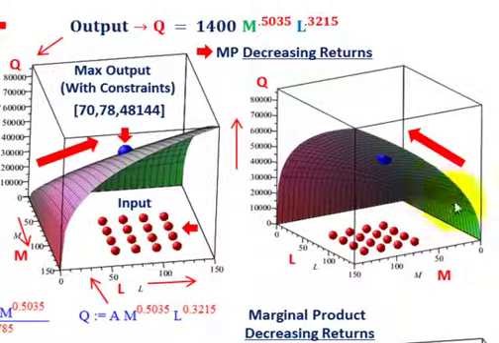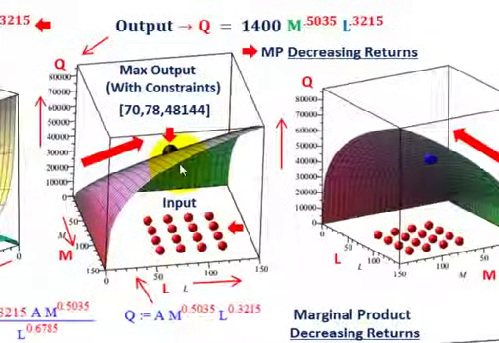You can see the curves here. It starts out at a very high rate and then flattens out. This is for the material over here, and this is the labor shown over here. And this was our maximum output based on the constraints we have. So that's the understanding, and we'll go back to it.